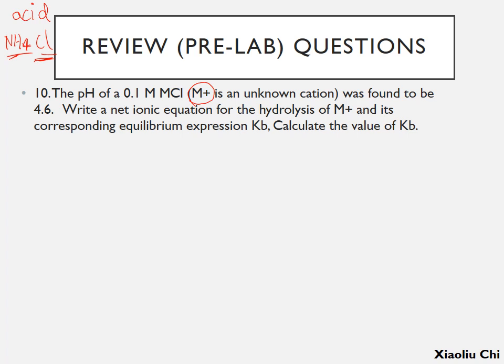Remember, that's why it's acidic. In fact, the real reason is because the ammonium ion hydrolyzes back to the weak base, and so this is a hydrolysis reaction, and here M+ is the NH4+. That's the cation going back to the weak base and generating hydrogen ion. And because it generates hydrogen ion, the solution is acidic.